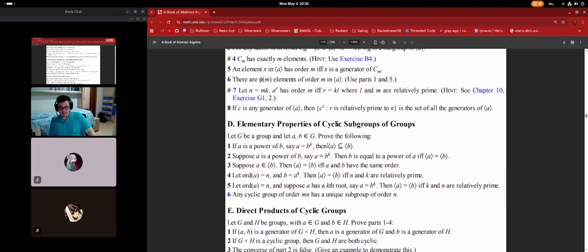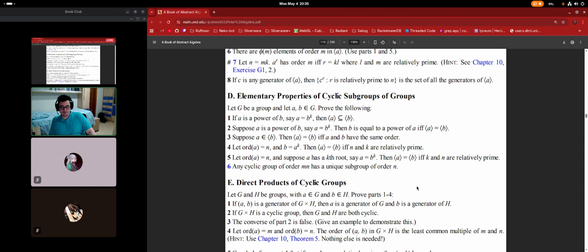Anyway, D, elementary properties of cyclic subgroups of groups. Does anybody want to comment on any of these? And also remind me what a kth root is, I forgot.